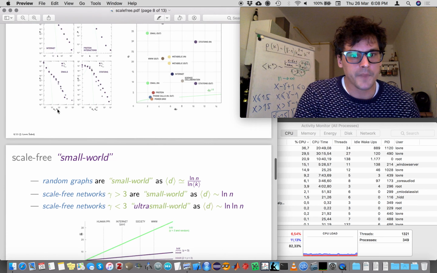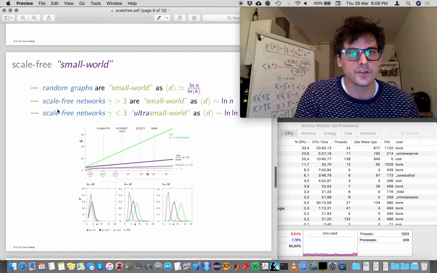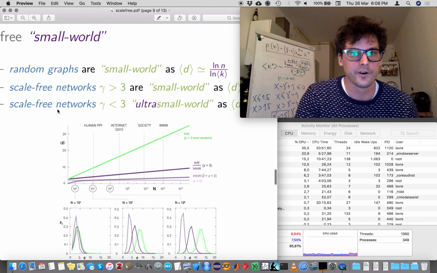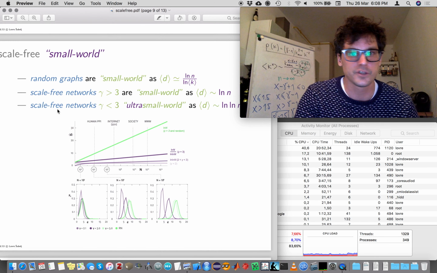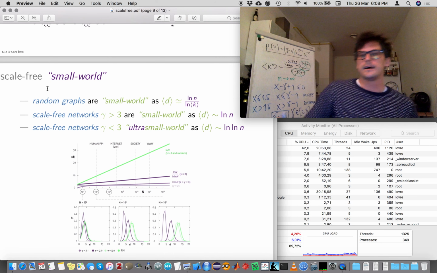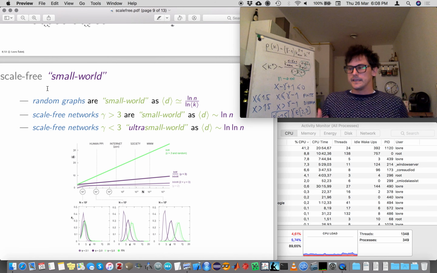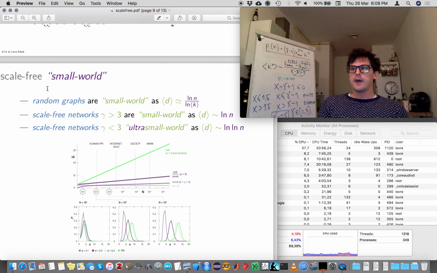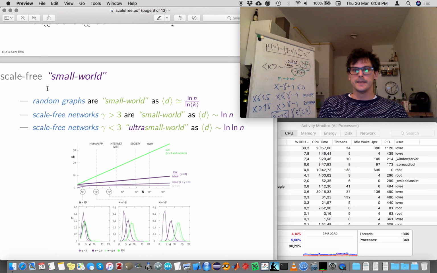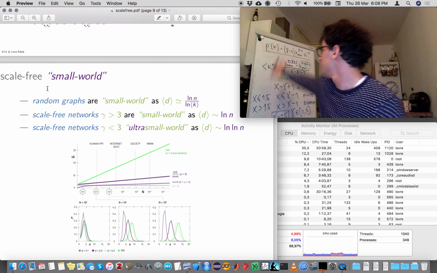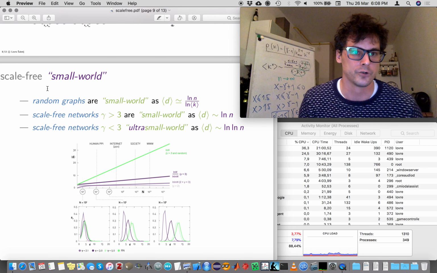Okay, so let's also relate scale-free networks with small world networks. If I take a network that is scale-free, so that it has a power law degree distribution, how long will the distances be in such a network, or in some model that will generate a network with that kind of degree distribution?